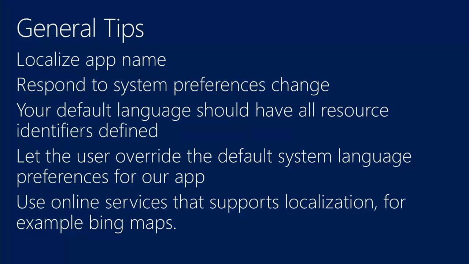Because the system will look for a resource called flow direction, and it will find no suitable candidate to load it from. And actually, even if the application is displayed in English, which is left to right, and the English preference is at the top, the system will also try to load the flow direction from English, and it will not find it.